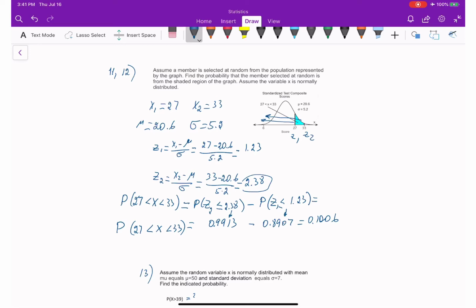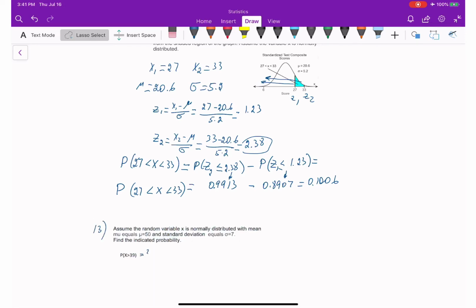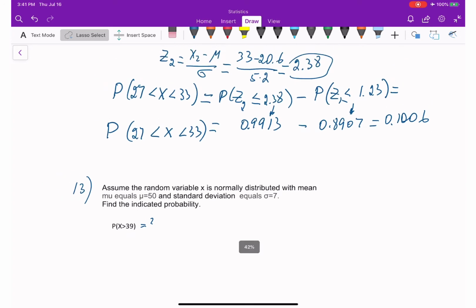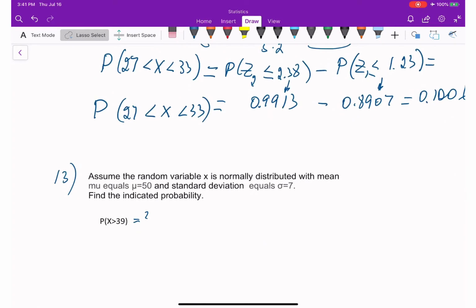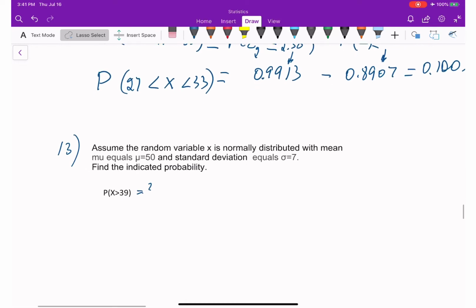Question number 13. So what do we have for question number 13? It says assume random variable x is normally distributed with mean mu equal 50.